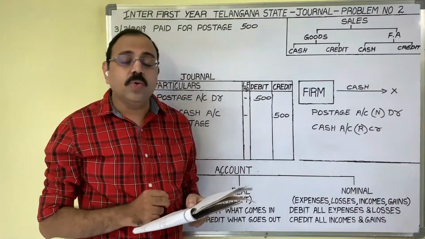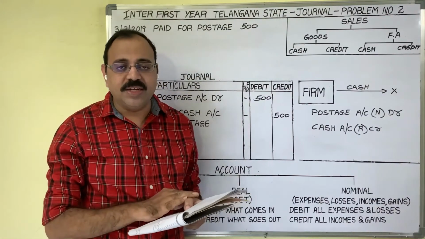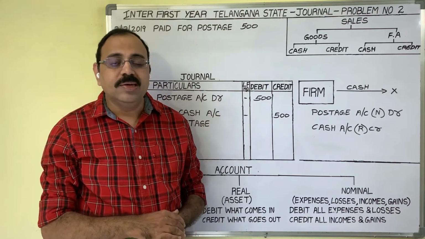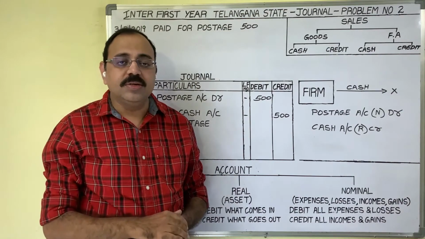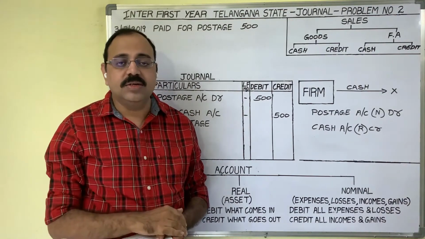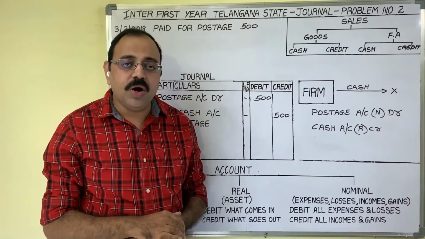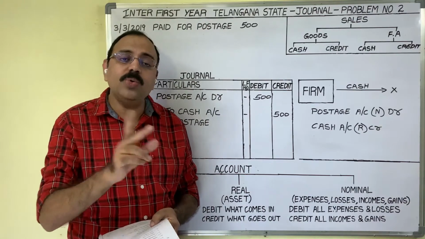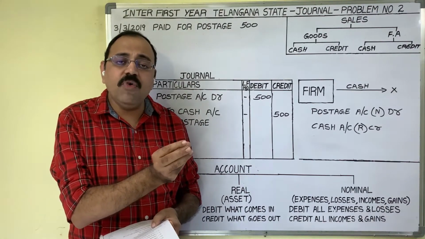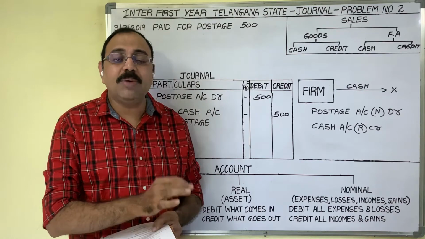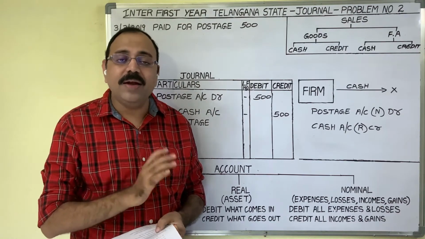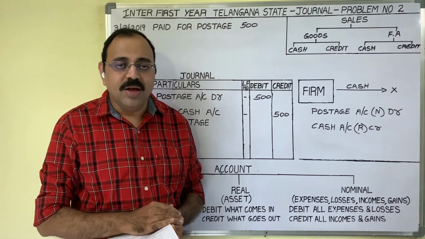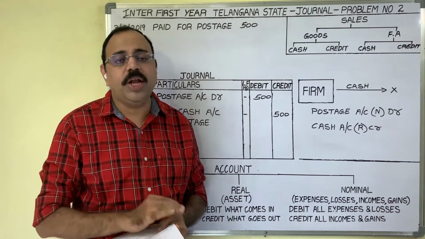On fifth date also he has given an expenditure related transaction. Paid for sundry expenses 500 rupees. Sundry means various. Sundry expenditure means what? The expenses spent by the firm can be divided into two types. Some expenses involve huge amounts, for example salaries, rent, electricity bill, transportation cost, etc. But some expenses are negligible in amount.